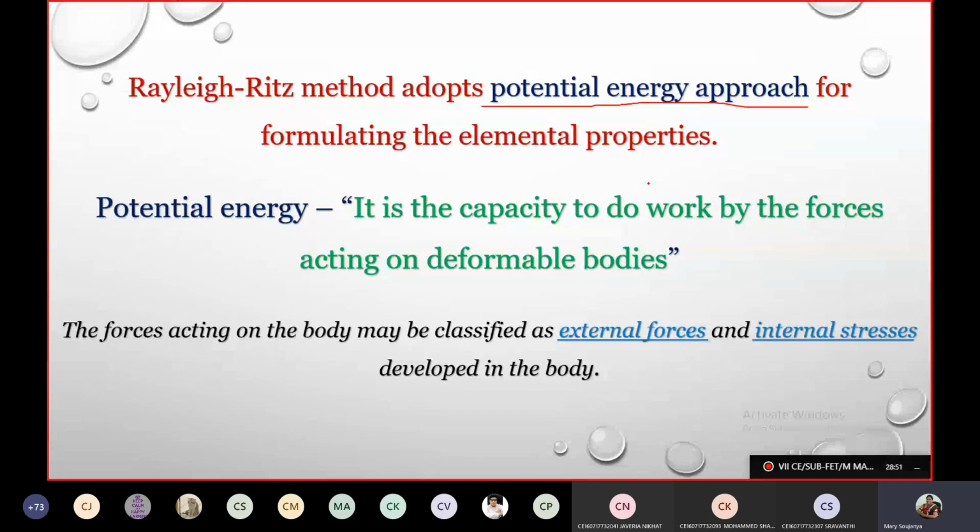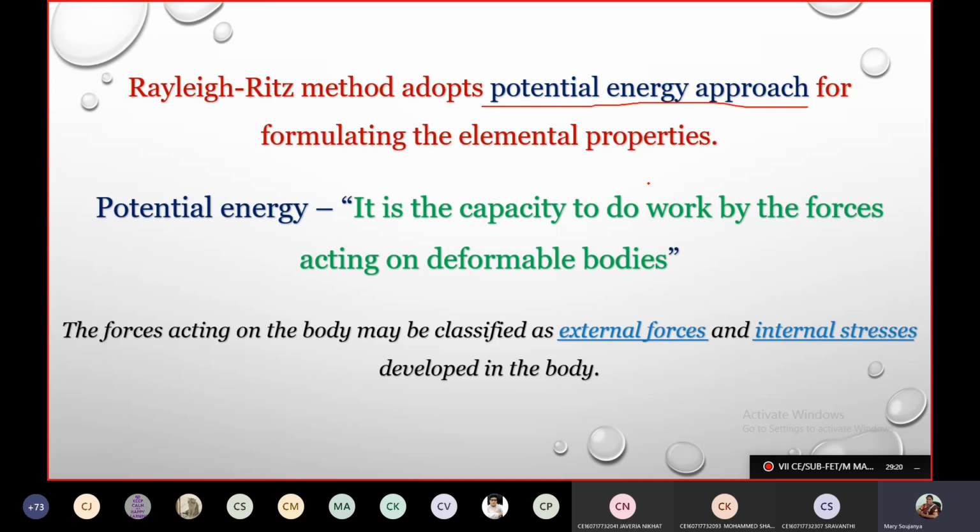When will stress come into the picture? When some load is applied to the body, the resistance offered by the body is what we call stress. So the combination of these two, how the forces are acting on the member and how the member is reacting to the force, both come into account when we go for potential energy.